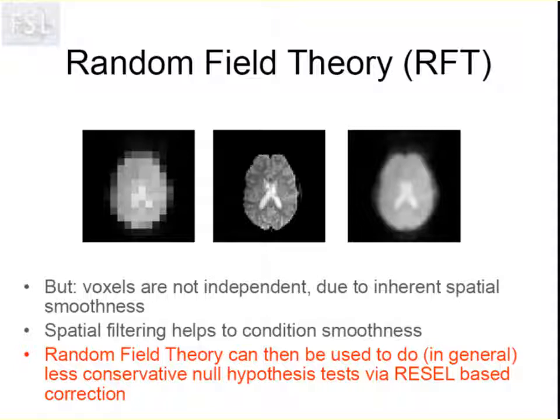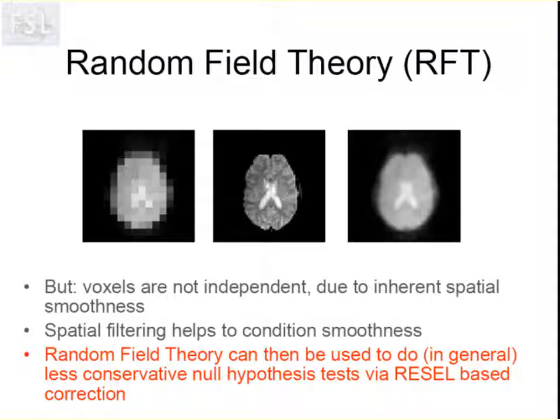On the left is an image that represents the number of statistically independent units in this slice of data, estimated using random field theory.